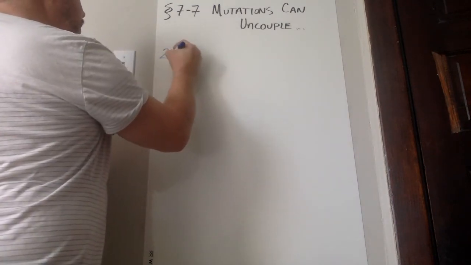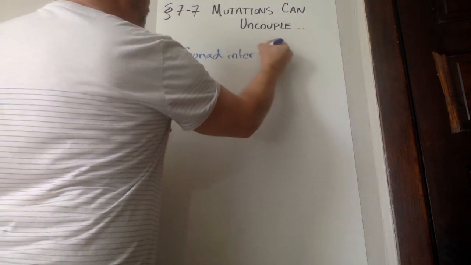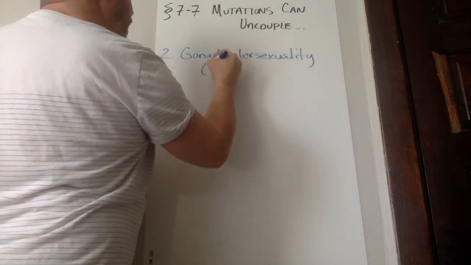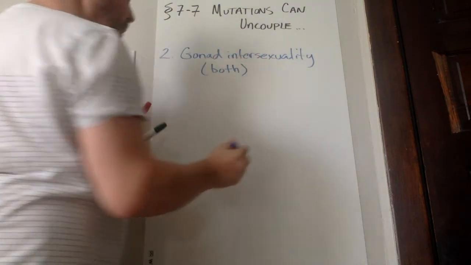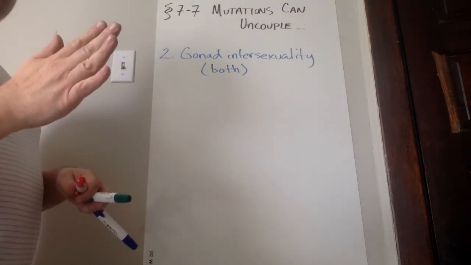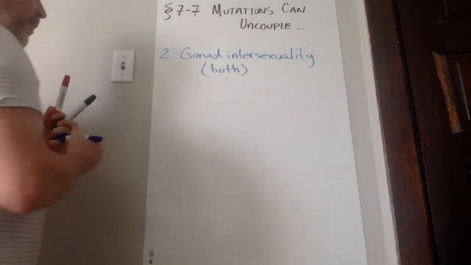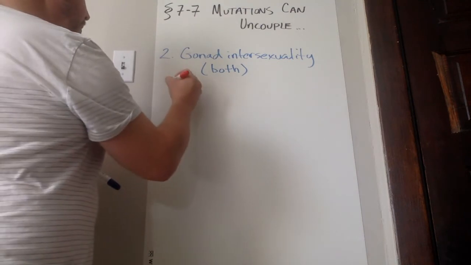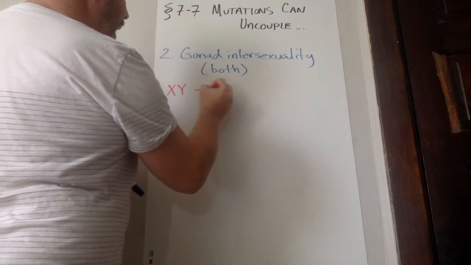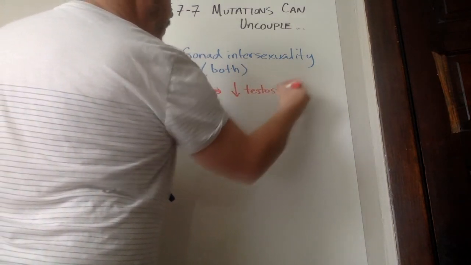You could also have what's called gonad intersexuality. This person ends up with both sexual phenotypes, and it's over the course of their lifetime that they change. In the case they explain, an individual is XY. However, they don't produce enough testosterone.